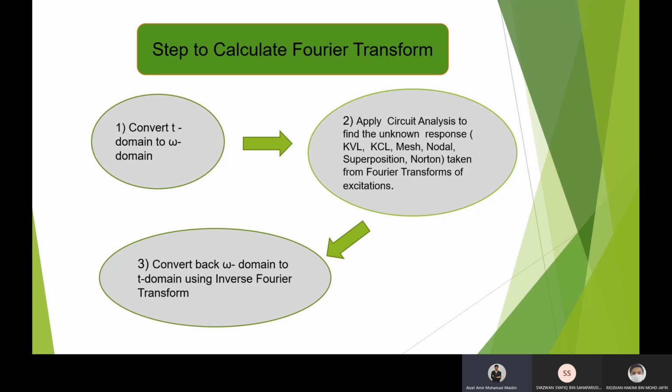For the second, we apply circuit analysis to find the unknown response, such as Kirchhoff's voltage law, Kirchhoff's current law, mesh, nodal, superposition, or Norton, taking from the Fourier transform of the excitation. For the last, convert back from the omega domain to the t domain using the inverse Fourier transform. Next.